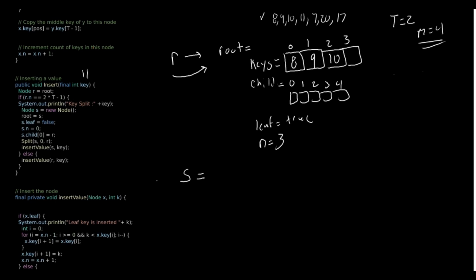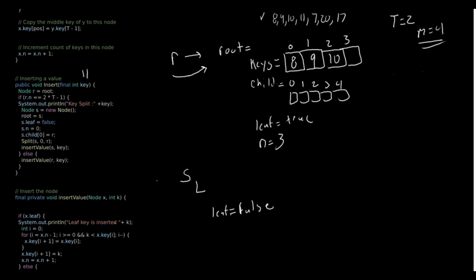So we create a new node again. All right. So, okay, I'll just explain everything. So right here, S is initialized. We create a new node.